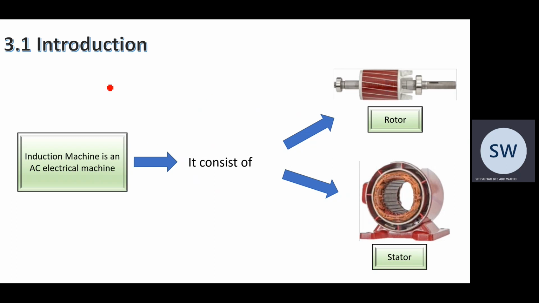Okay, so introduction. Induction machine is an AC electrical machine. So the supply is AC voltage. Induction machine uses AC supply to operate. In terms of the construction, it consists of rotor, that is the rotating part in the middle, as well as the stator, that is the static part.